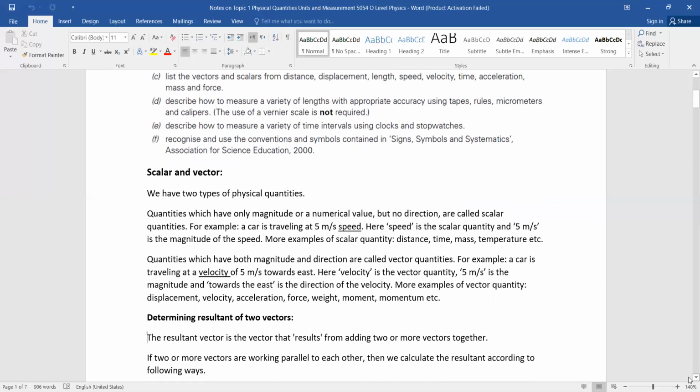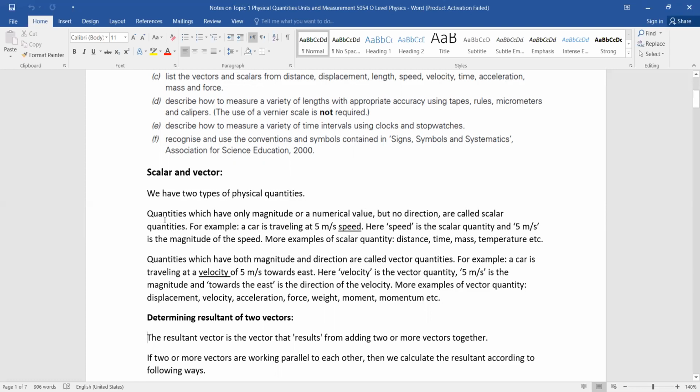A scalar quantity is a quantity which only has magnitude but no direction. Okay, what is magnitude? Sir, this one I don't know. Okay. Look, here I gave the definition of scalar quantity.